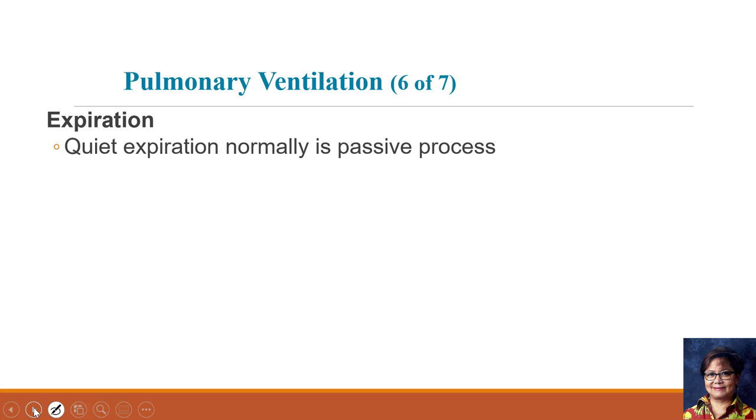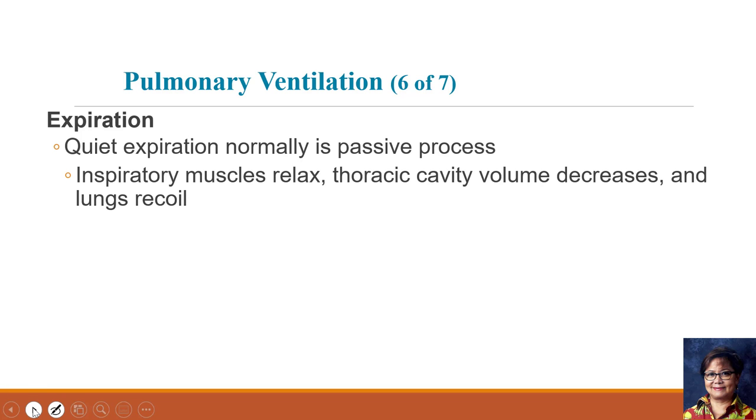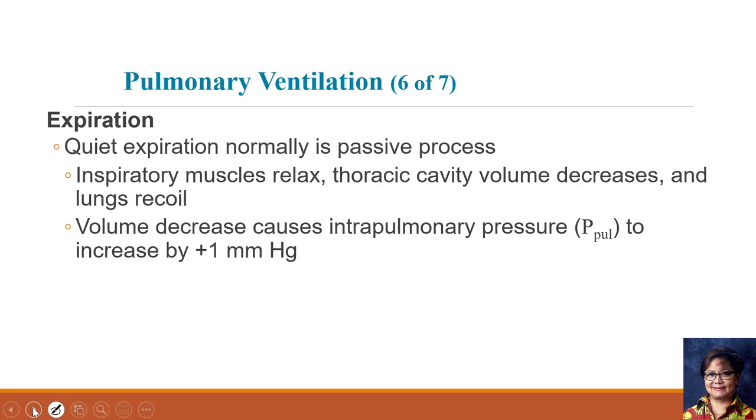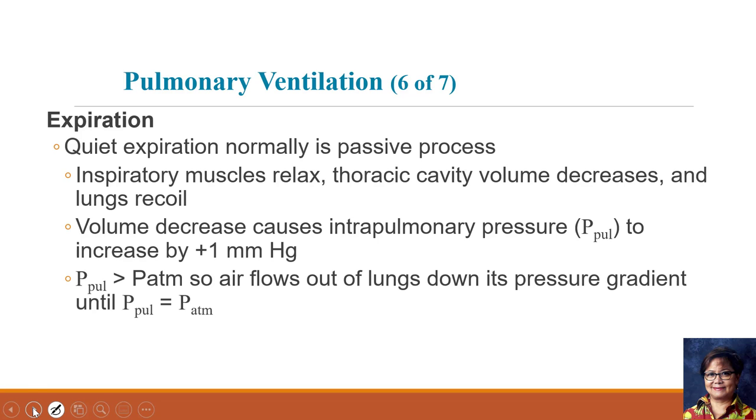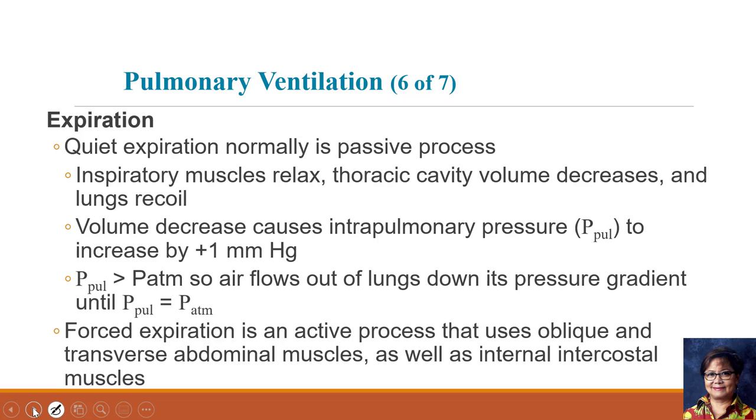The rib cage would fold down, and that would reduce the size of the thoracic cavity, thus pushing air out. As the lungs recoil, the volume decrease causes the intrapulmonary pressure to increase by 1 millimeter. And because there's now greater pressure inside, you open your mouth and you're breathing out air.